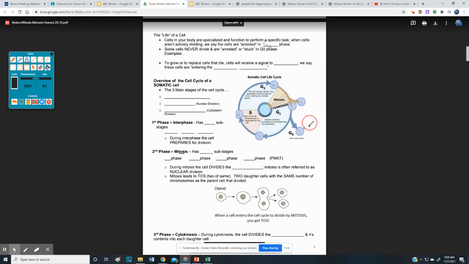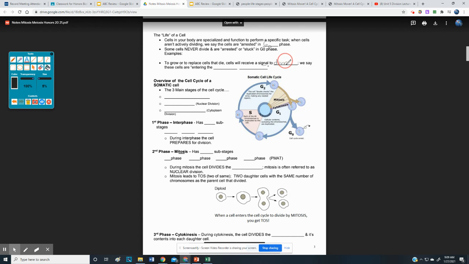And that cell released chemicals that can hook on to the receptor protein of the cell and signal this cell to divide, because we need new cells in that area because a cell has died. And so cells should not divide until they get a signal to do so. That's very important. Cells should not divide unless they get a signal to divide.